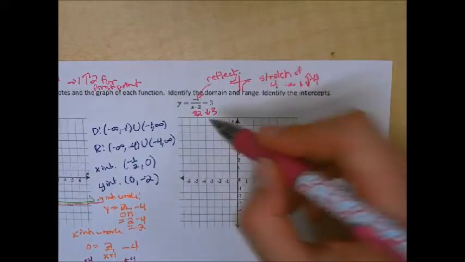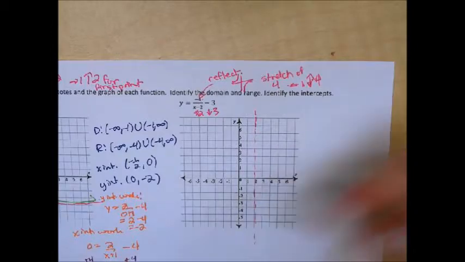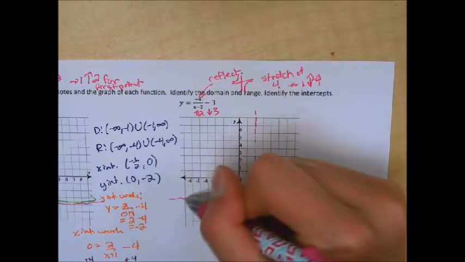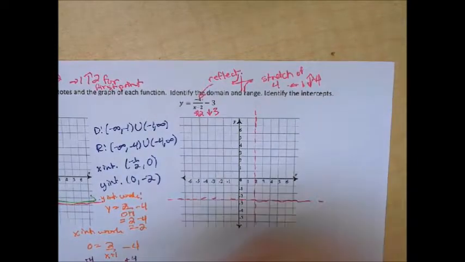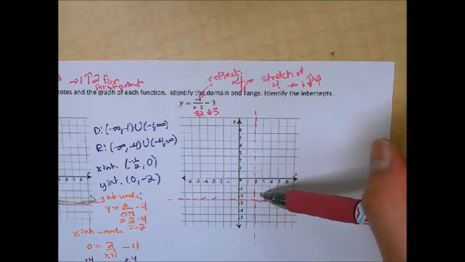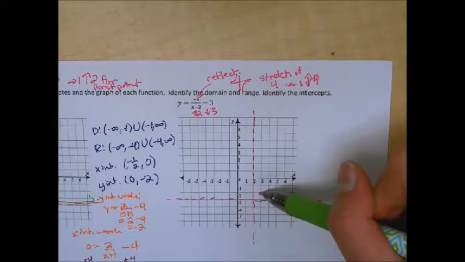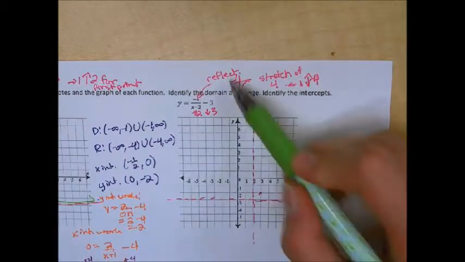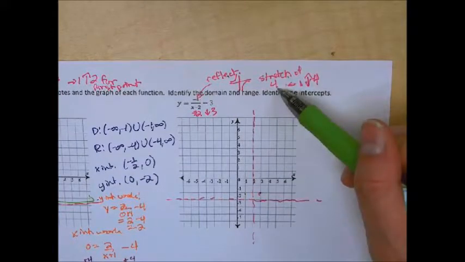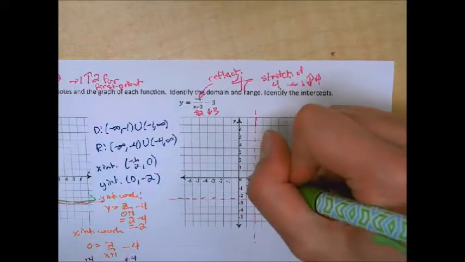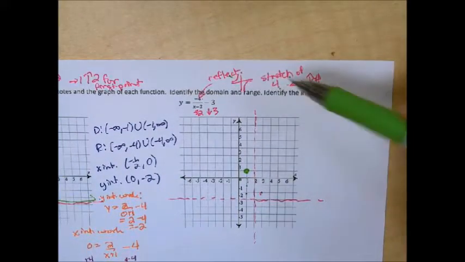So let's draw our asymptotes. Right 2, down 3. Typically, we go here. Typically, we go over 1, up 1. But this time, we're reflecting. So we're going to be on the left. And we're stretching by 4. So that's the reflection and the stretch.